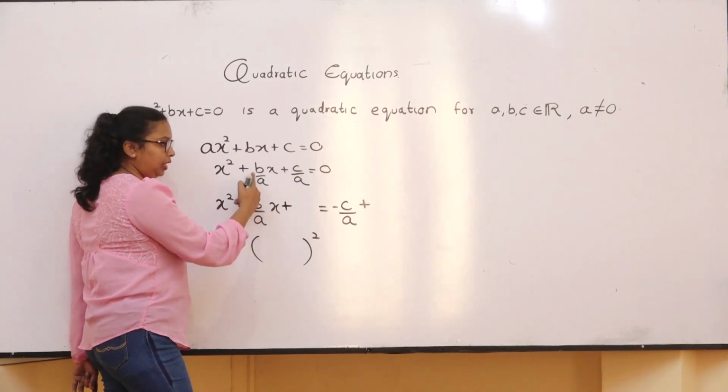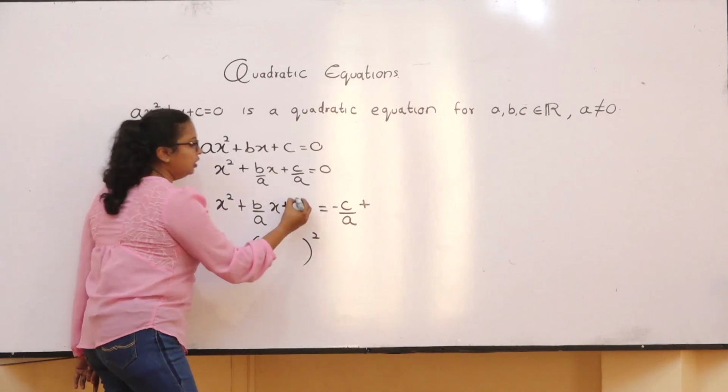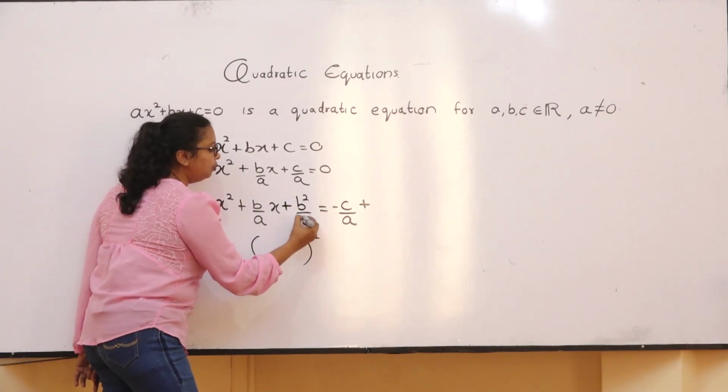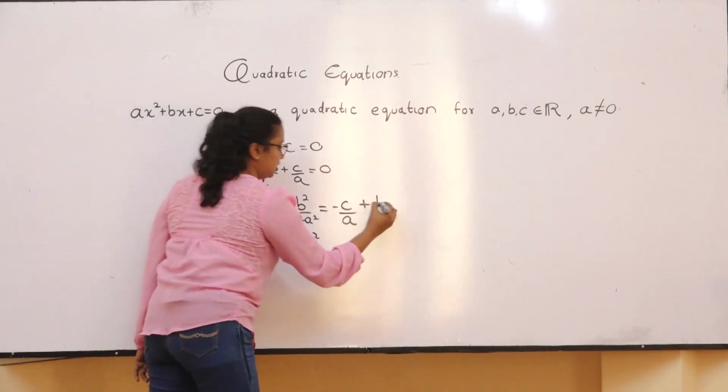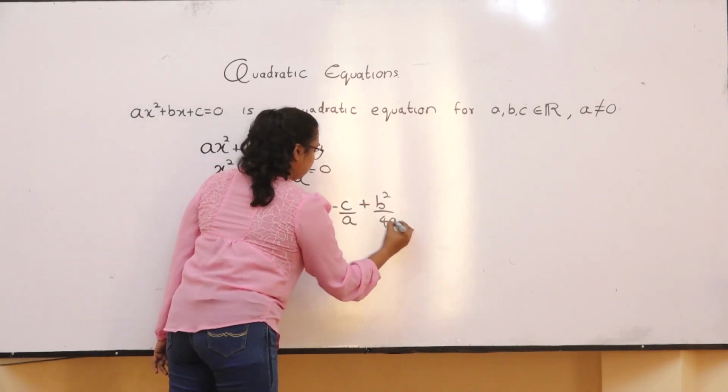Half of the coefficient is b over 2a, squared, so that will be b squared over 4a squared. I have to add that to both sides.